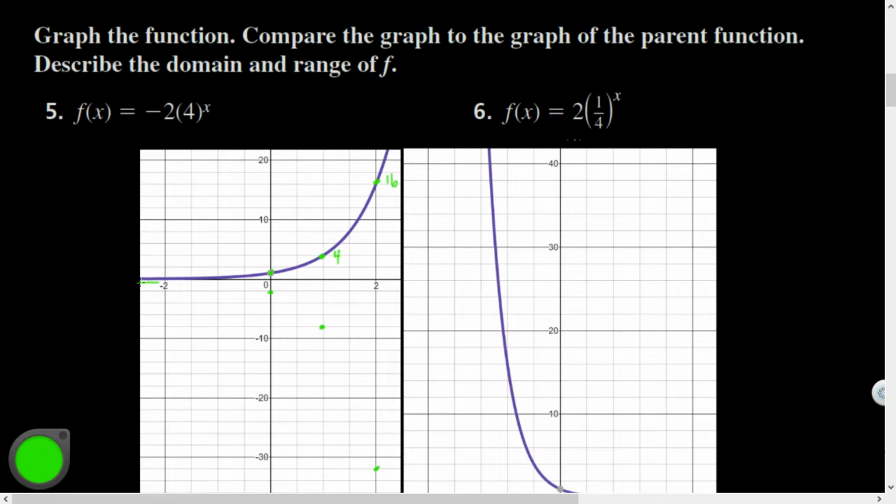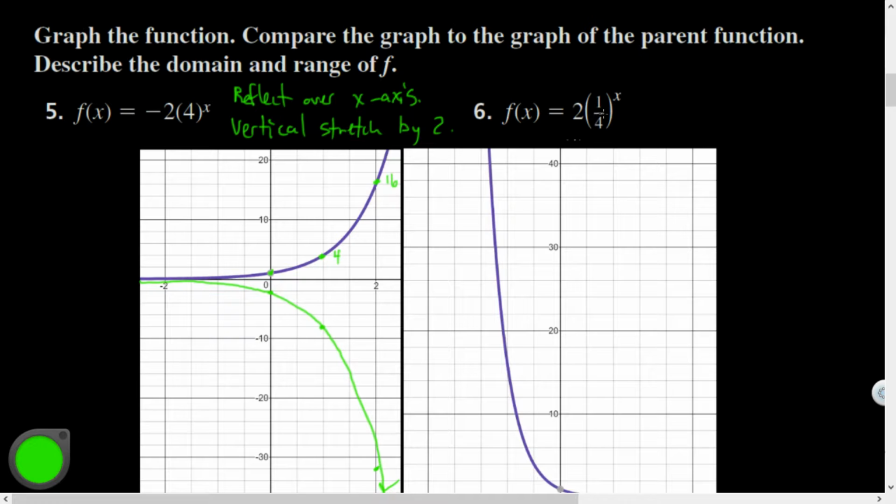And so the graph for this is both reflected over the x-axis, and what did the 2 part do to it? It was a vertical stretch by a factor of 2. All right, so it's twice as far from the 0 as it used to be.